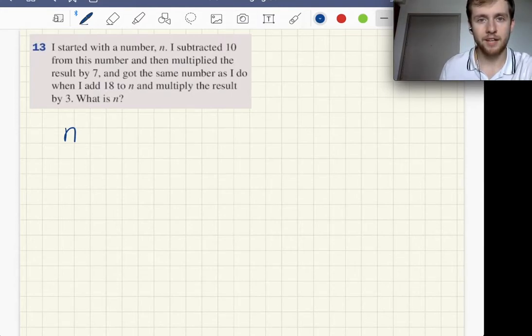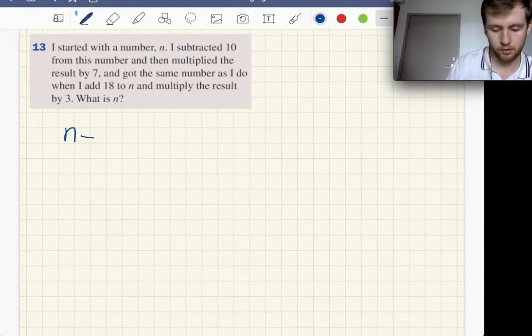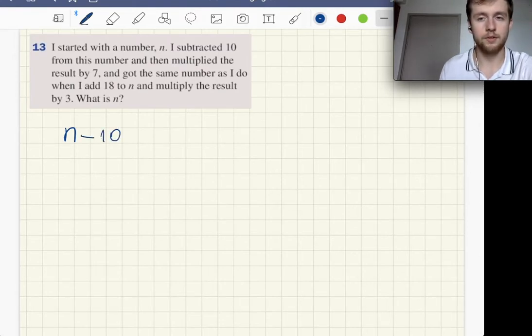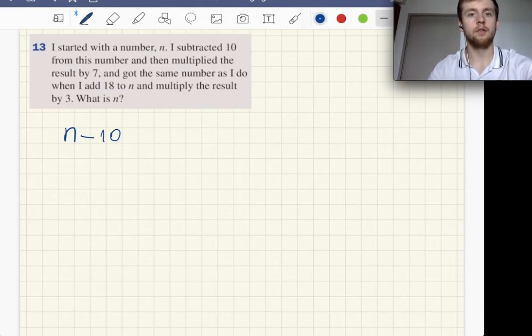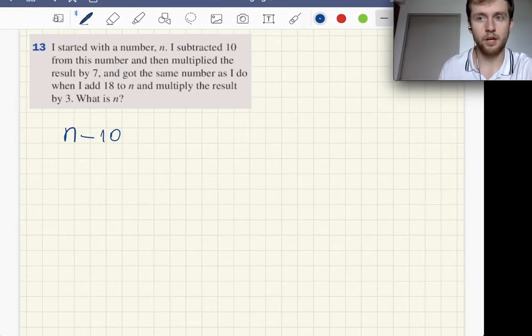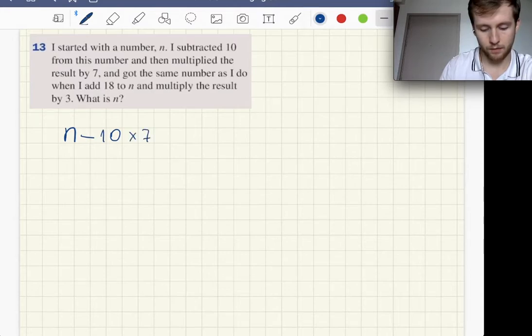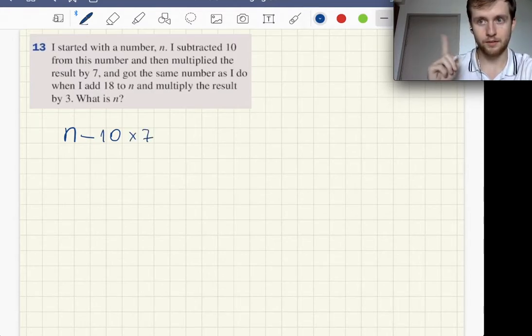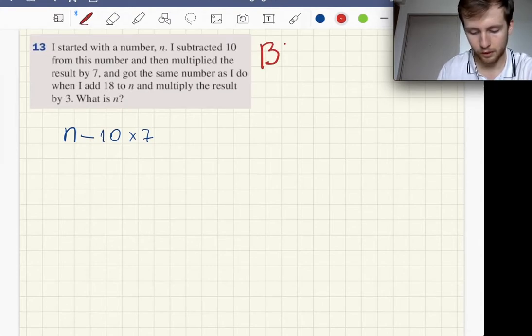I subtracted 10 from this number, so n minus 10, and then multiplied the result by 7. So multiplied the result of this. You may think that it's going to be n minus 10 and then times 7, but bold math, ladies and gentlemen, actually beat math.